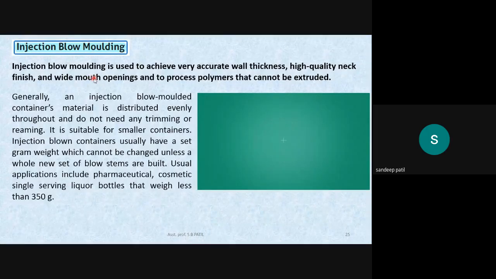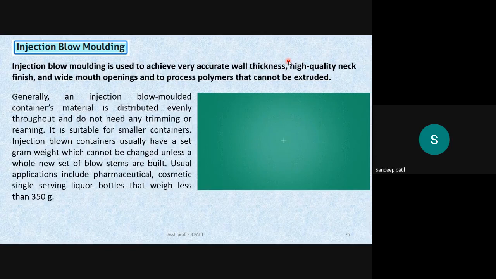Injection blow molding is used to achieve very accurate wall thickness, high quality neck finish, wide mouth openings, and to process polymers that cannot be extruded. Generally in the extrusion process, whatever plastic material we feed through the hopper is first heated, then compressed, and then metered to the next section.